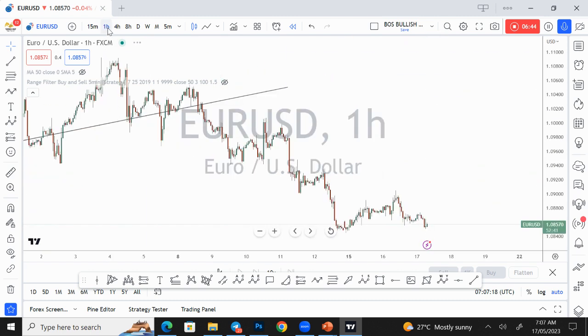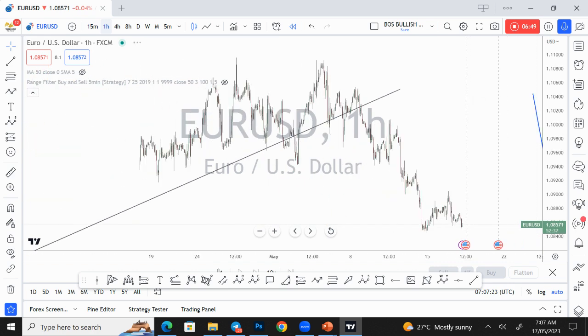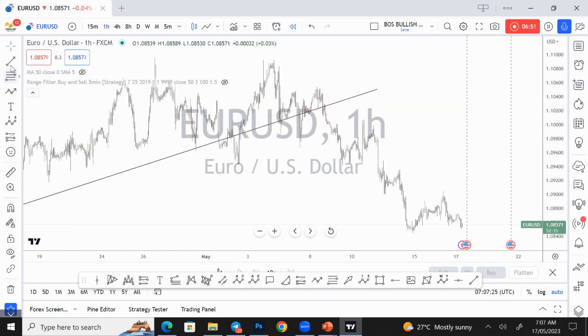Let's go to the 1 hour. Now, when we go to the 1 hour, you see that it's creating lower lows and lower highs. So let's draw a trend line.